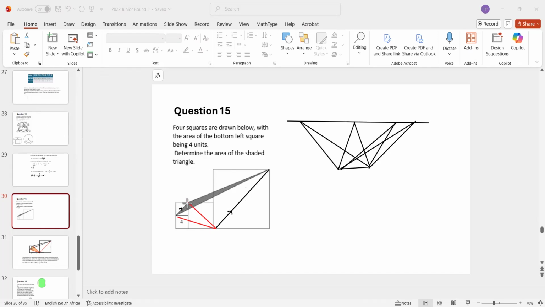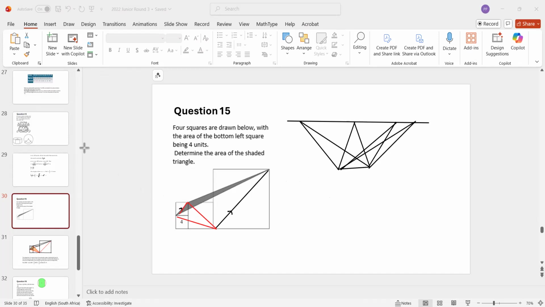The area of the triangle whose base is that. See, it's a little bit tricky, difficult to see, but the parallel lines, and that point and this point are on that parallel line. So this is the same base. So what we're looking for is the area of the required shaded triangle.